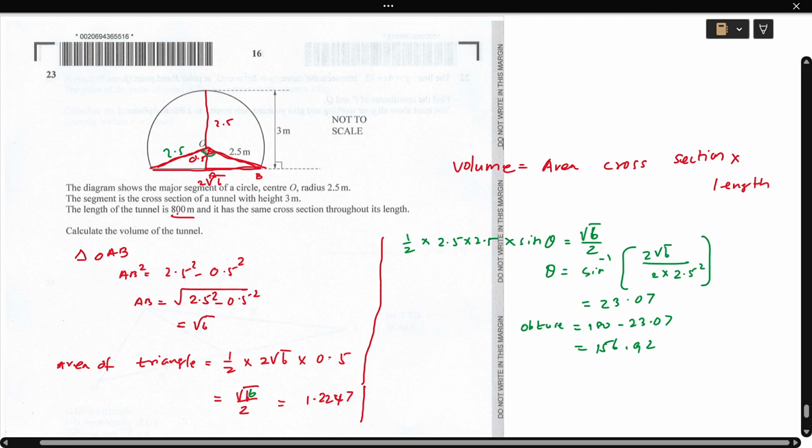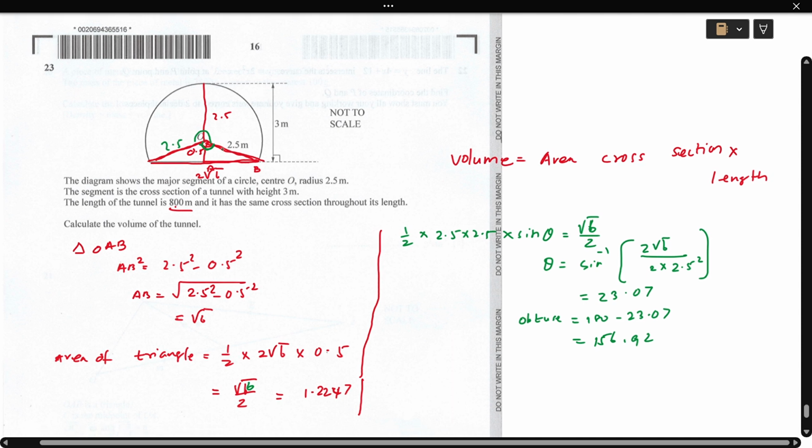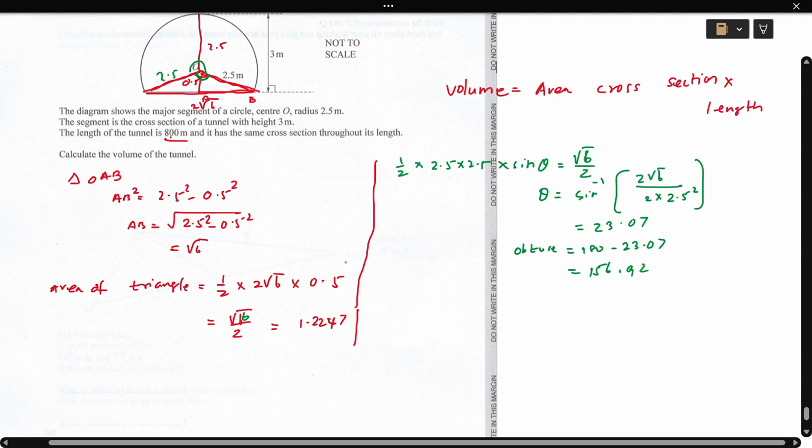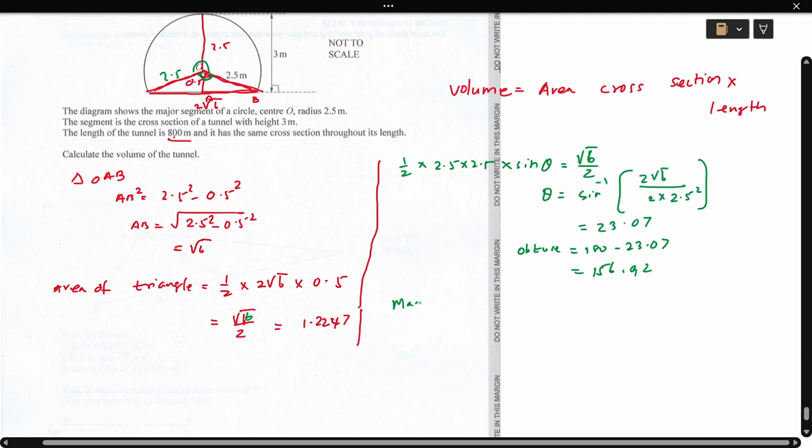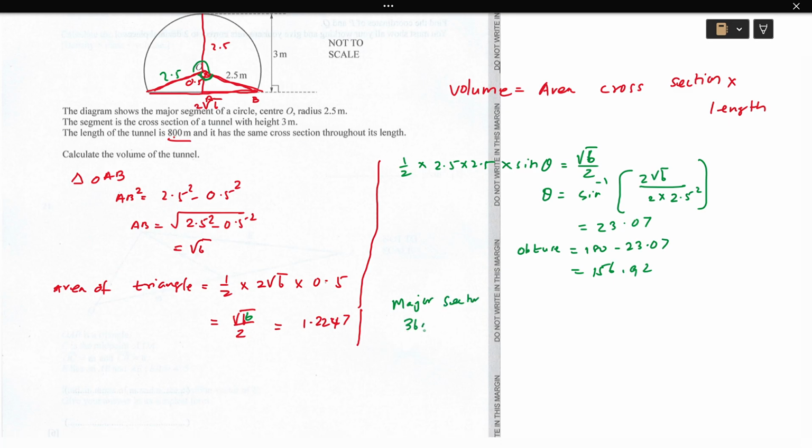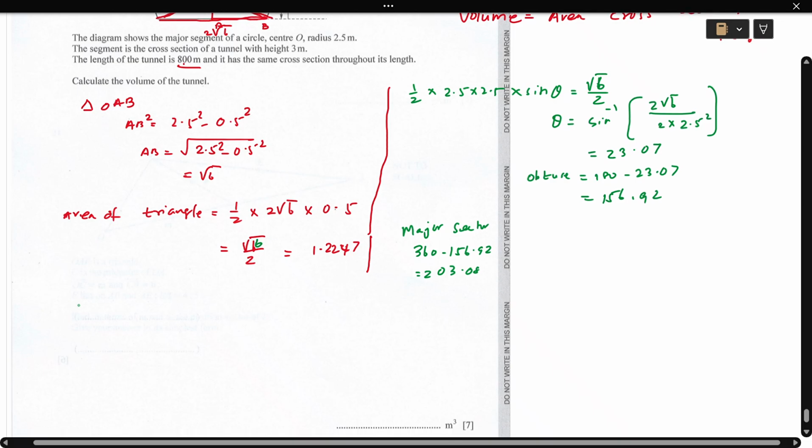So now we got this angle, 156.92. Then I can find the major sector: 360 minus 156.92, so the angle is now 203.08.